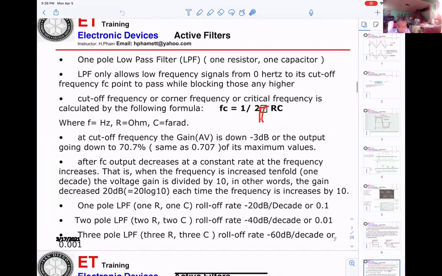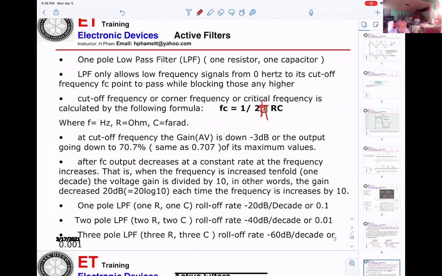And the formula to calculate the cutoff frequency is Fc equals 1 over 2 pi RC.